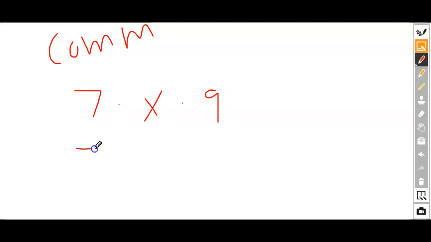Next one, we have our properties. So we have like the commutative property. The commutative property says if I've got 7 times x times 9, or 7 plus x plus 9, the commutative property says I can rewrite multiplication and addition in whatever order I want.